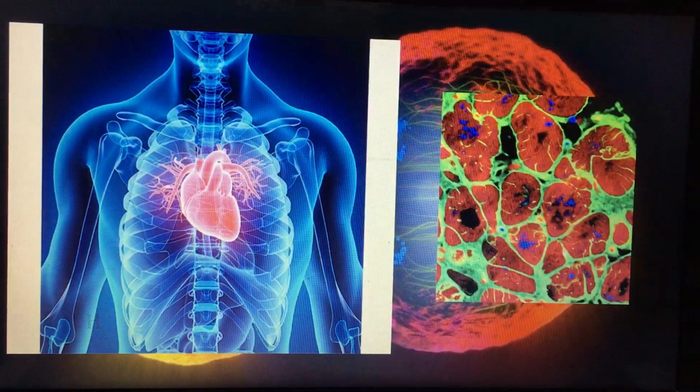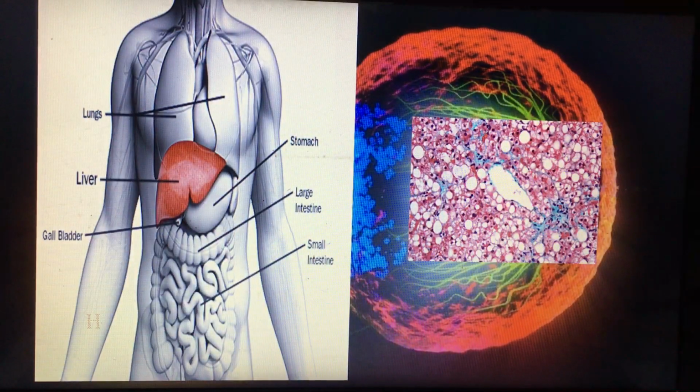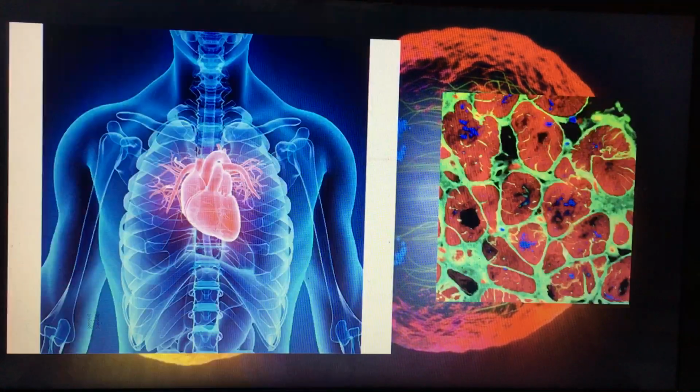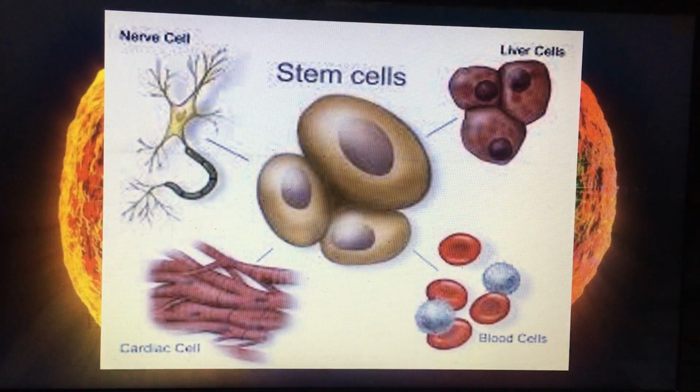The first one in heart and in liver. Liver produces liver cells, heart produces heart cells. And the second example, inside our body we have stem cells. When they divide, they will produce specialized cells.